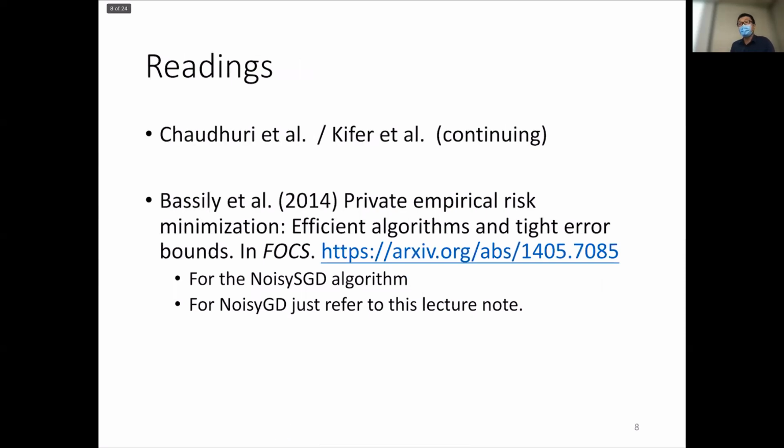For the part of objective perturbation, utility analysis, and so on, I'm still referring to the Chaudhuri et al. and Kifer et al. You can see the details from the last lecture.